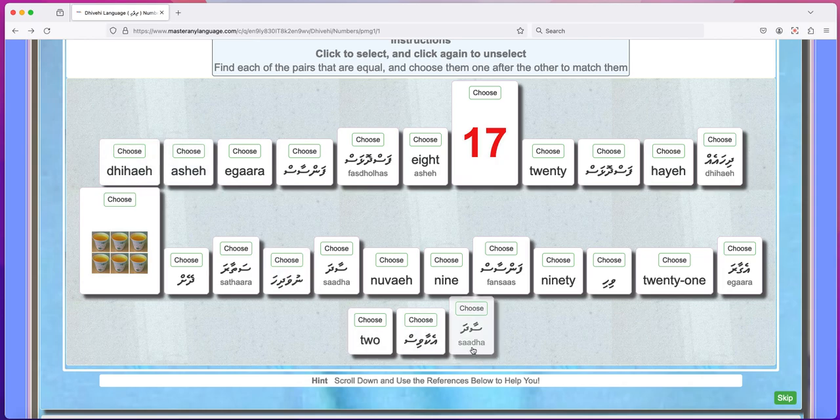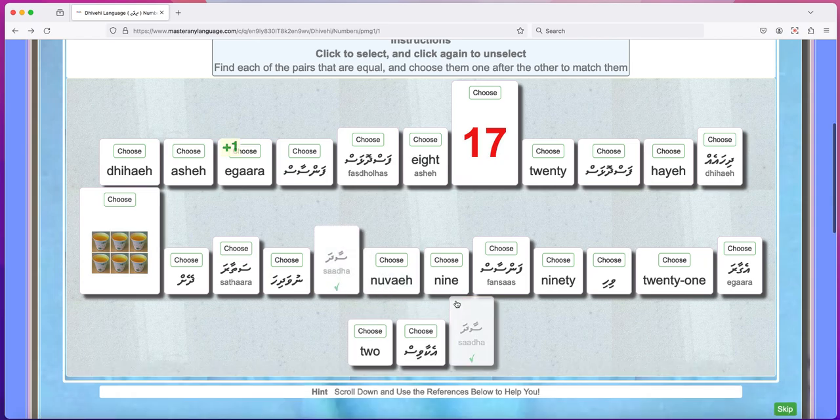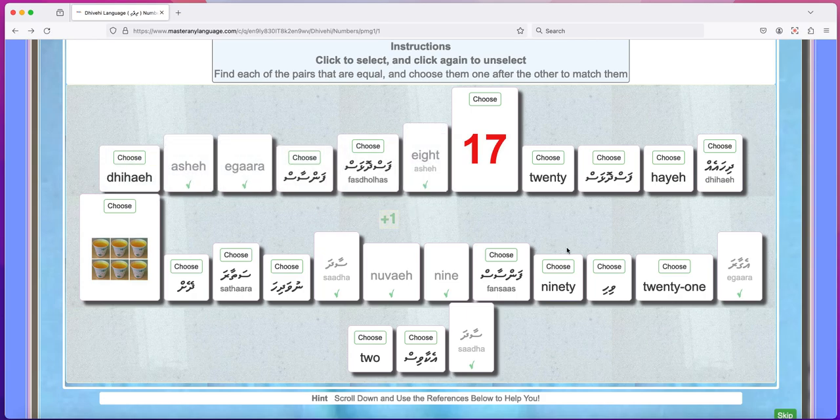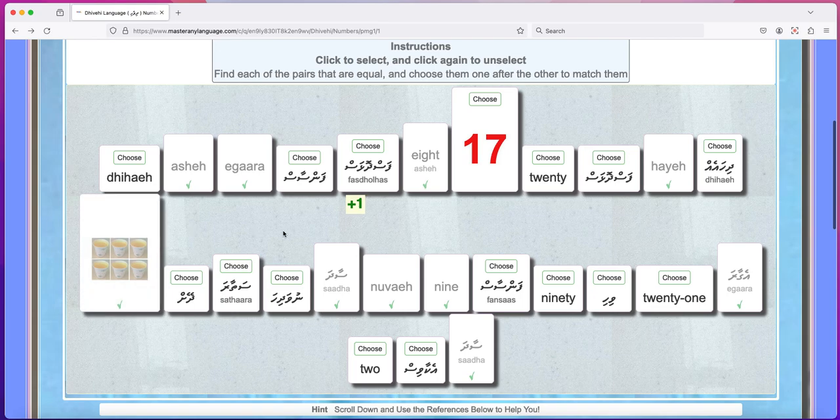So now at least I know what the words are. Nuve is 9. Egada is 11. Ashe is 8. Haye is 6. Dhivehi is 10.